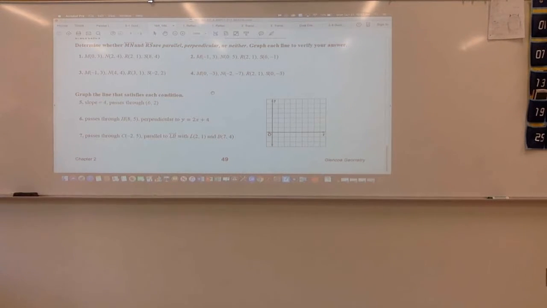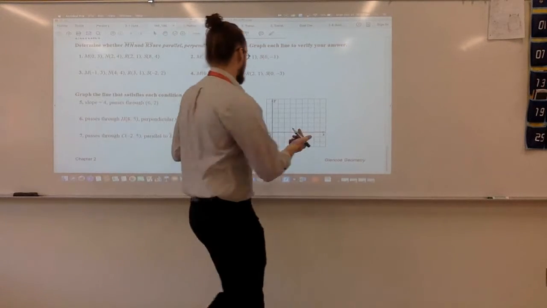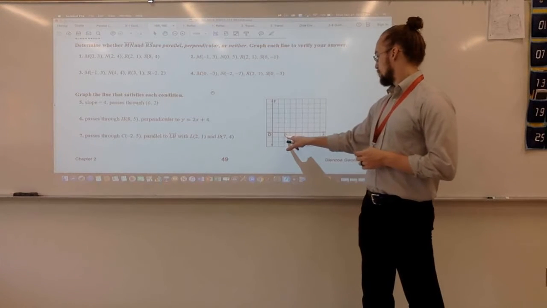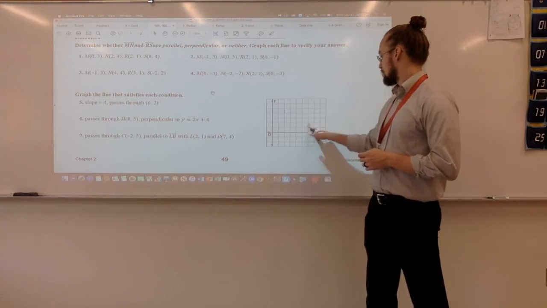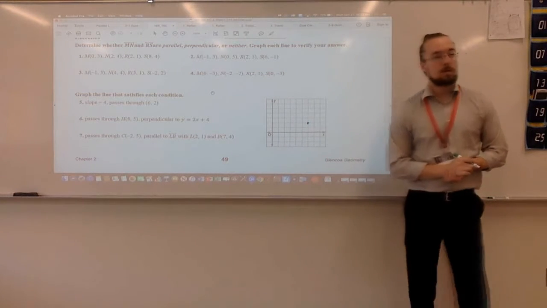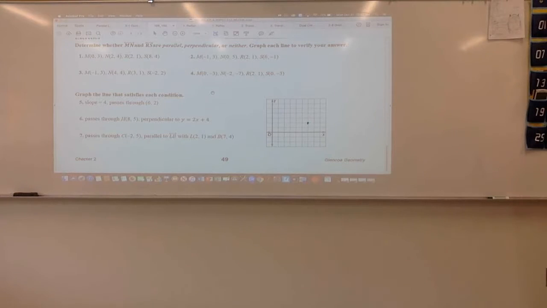First it says graph a line with a slope of 4 that goes through the point 6, 2. So let's just find 6, 2: 3, 4, 5, 6, 2. So here's the point 6, 2. And I want to graph the line that has the slope of 4 that goes through that point.